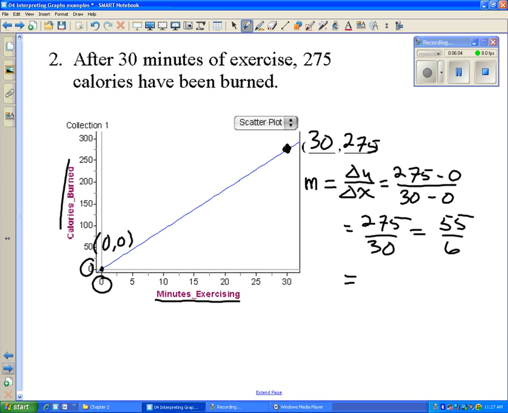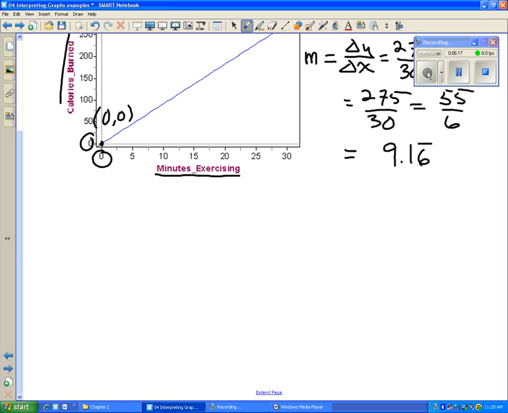And if I divide that out, I get 9.16 repeating. So that's my slope. If I start to write my equation, I have y is equal to mx plus b. Y is equal to 9.17x plus b, if I'm going to go to 2 decimal places and round.